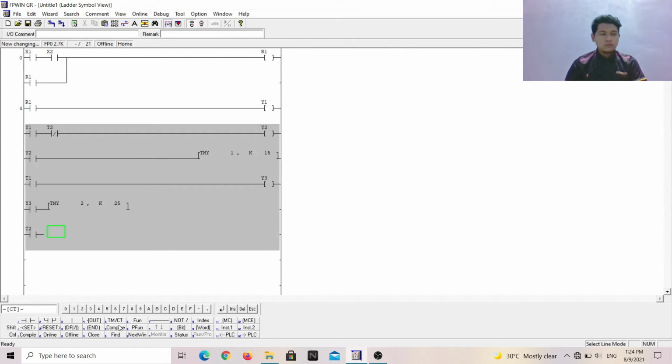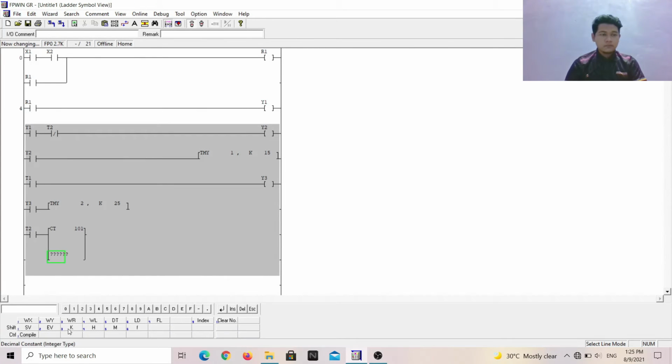We put the counter C101 and repeat for 2 times. At this point, we put C101 because we want this process to repeat.